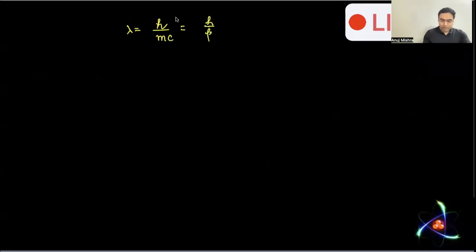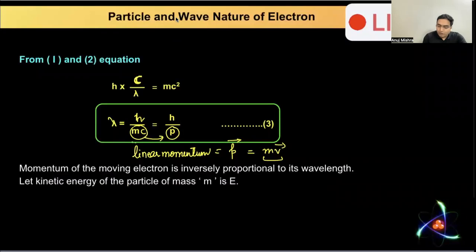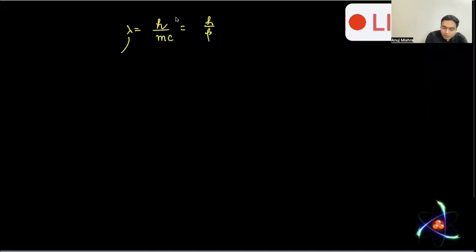So when you equate, please mute yourself. So we can say lambda is h upon mc or h upon p, right? Which you have got from here. This is called de Broglie's wavelength.